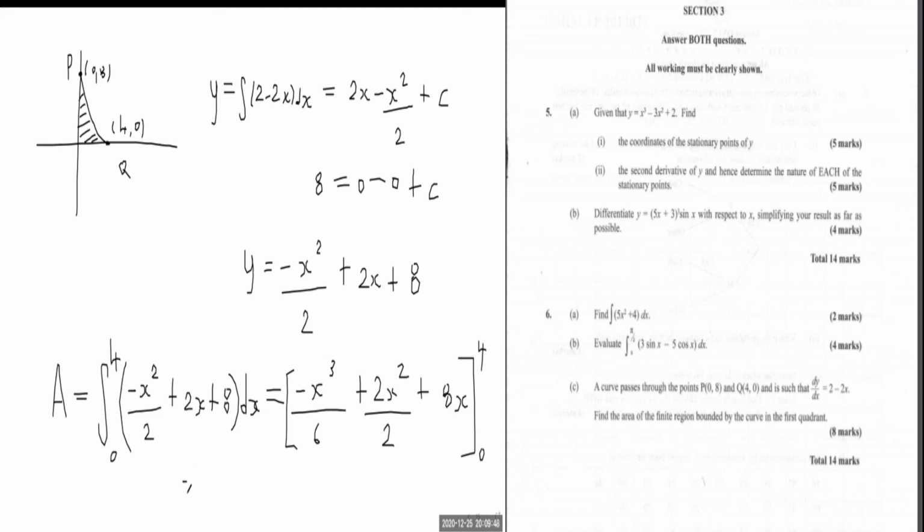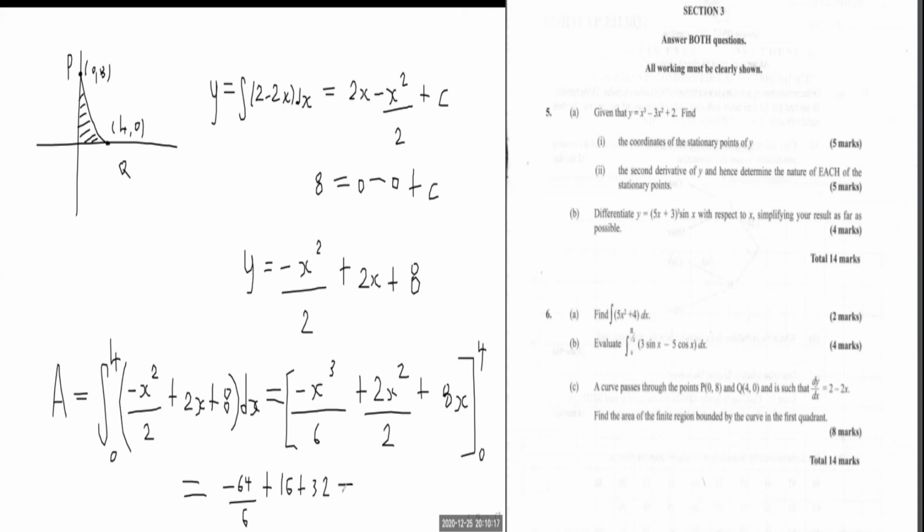Let's work this out now. All we need to do is plug in 4, because we don't need to plug in 0, since 0 times any of these numbers is 0. So we plug in 4: minus 4 cubed, that's minus 64 over 6, plus x squared, which is 4 squared, which is 16, plus 8 times 4, which is 32.